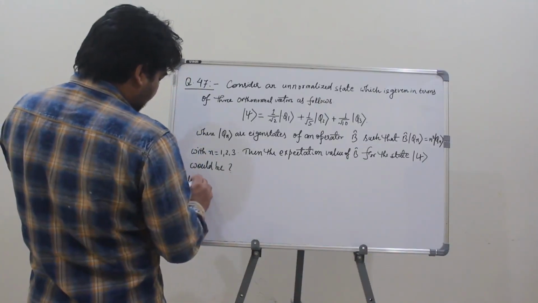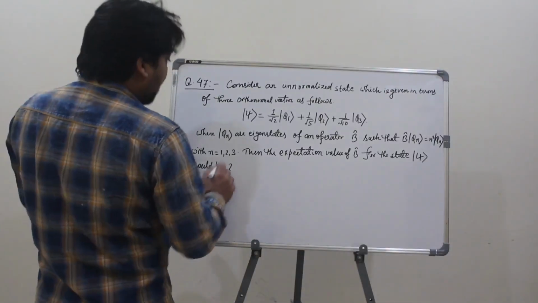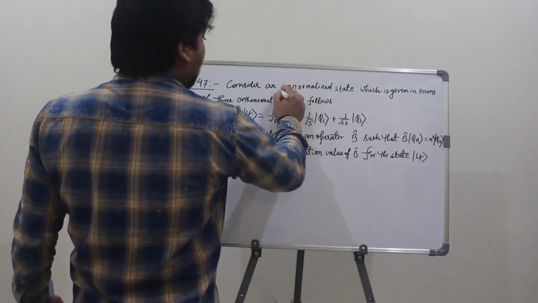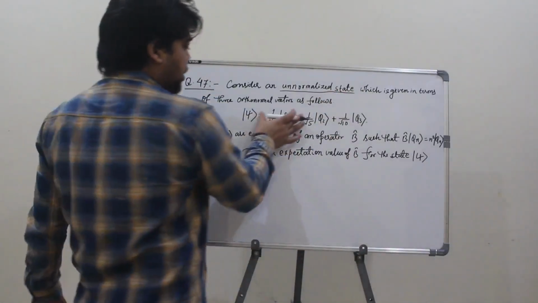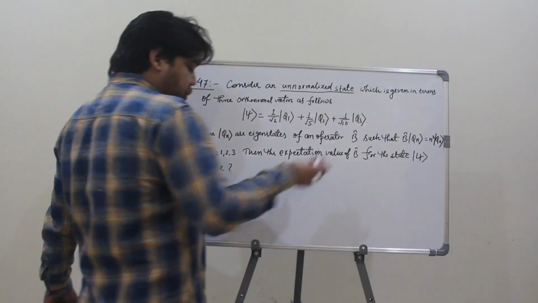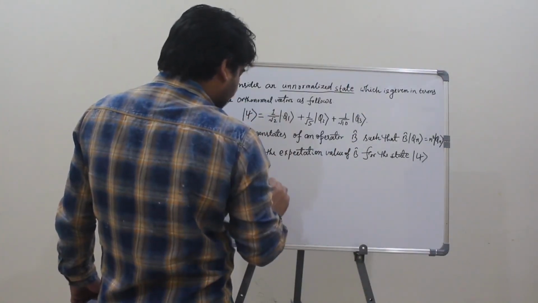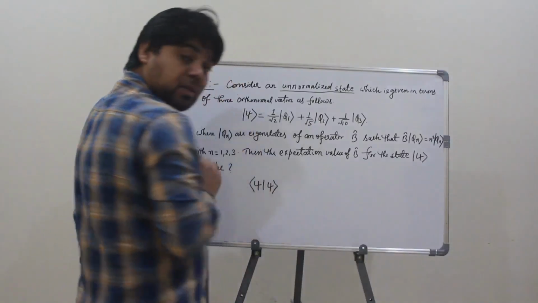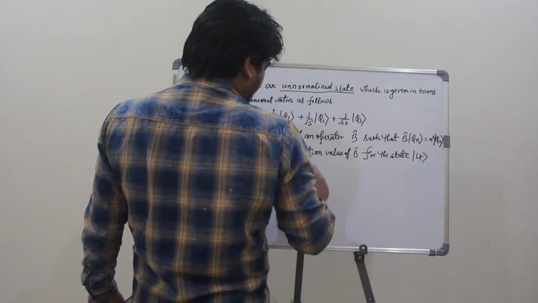Before starting, you need to read the problem very carefully. It says an unnormalized state, so it means that the state is not normalized. So first let us normalize this state, psi star psi. How much will it give you?